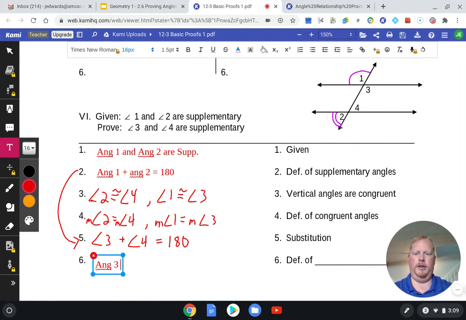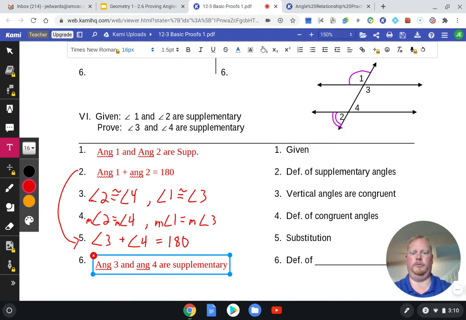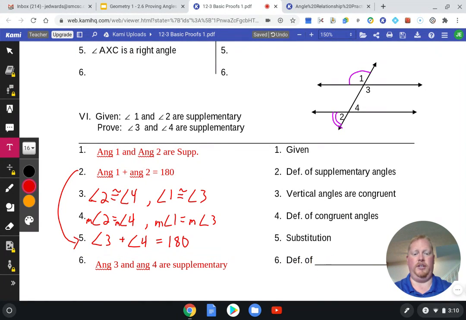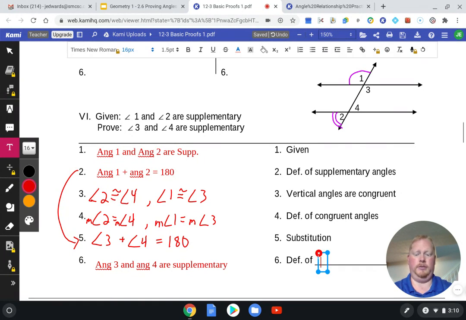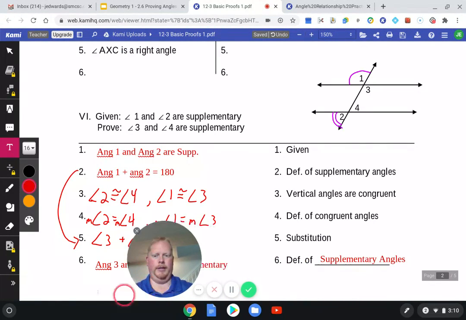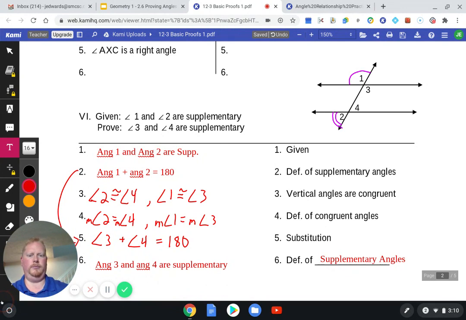Angle 3 and angle 4 are supplementary, and the reason is because that's the definition of supplementary angles, that they add up to 180. Here, let me get my head out of the way so you can see what's going on there.